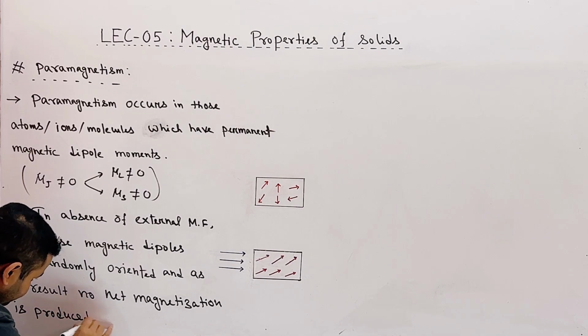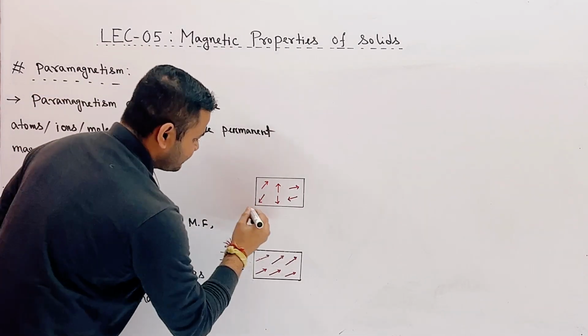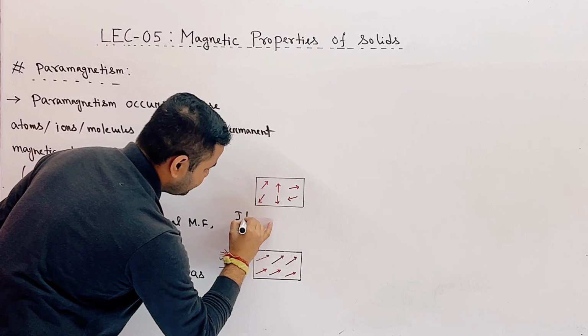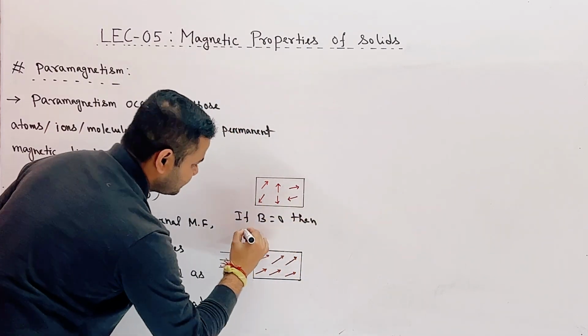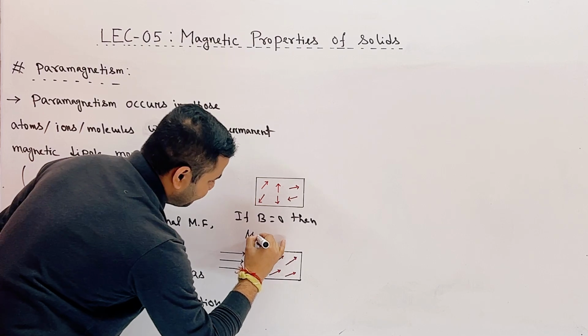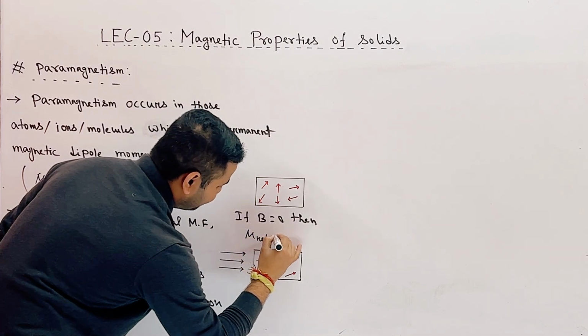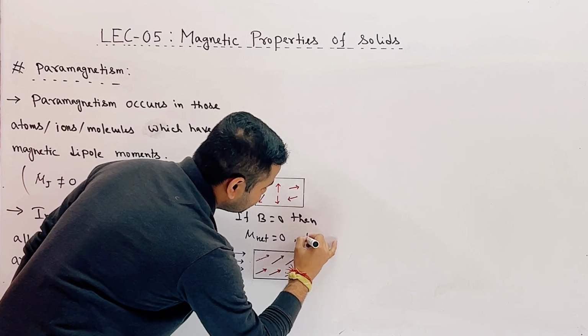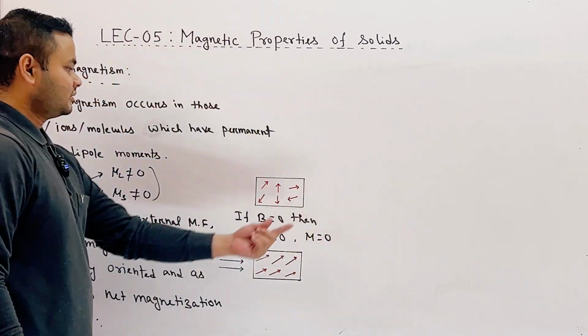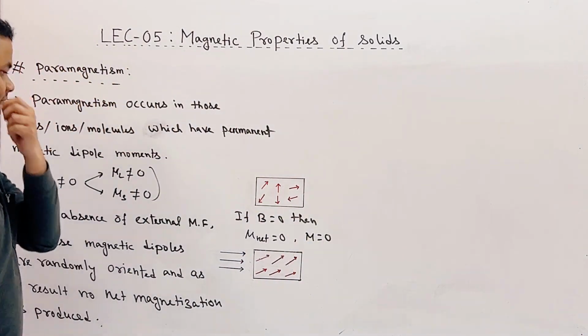That means if B equal to 0, then net magnetic dipole moment will be 0, or in other words, total magnetization of this material will be 0.